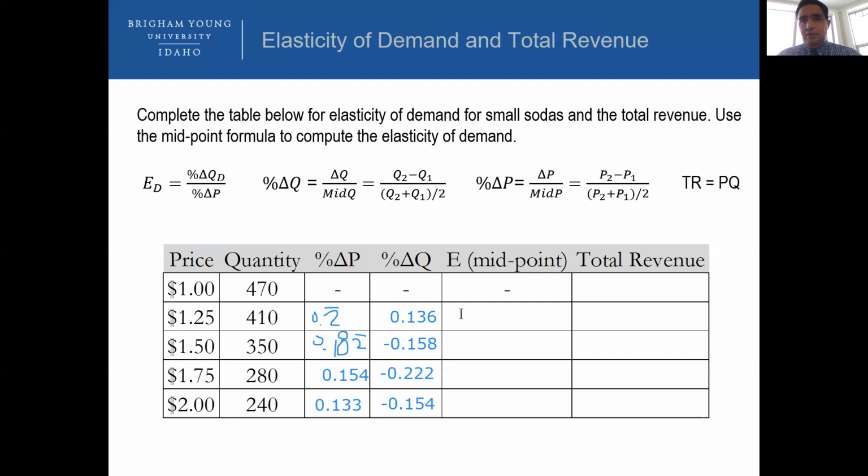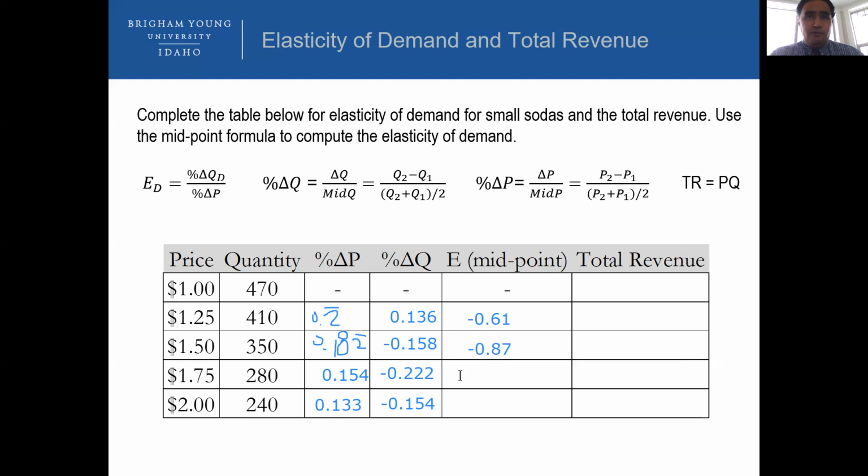Okay, and now if we were to do a little bit of math in here, let's see, 22.222% divided by 13.6% is, looks like I came to 0.61. And right here, 18.182 divided by negative 15.8, let's see if I did this right, negative 0.87.